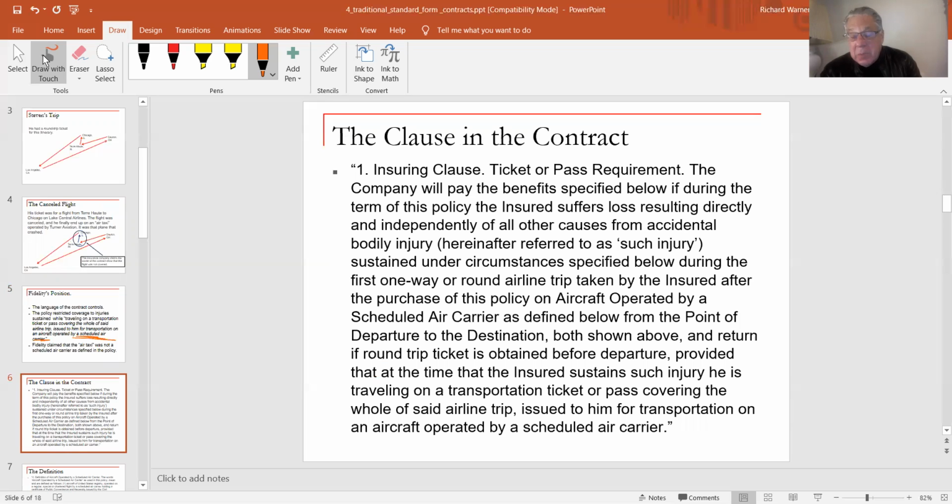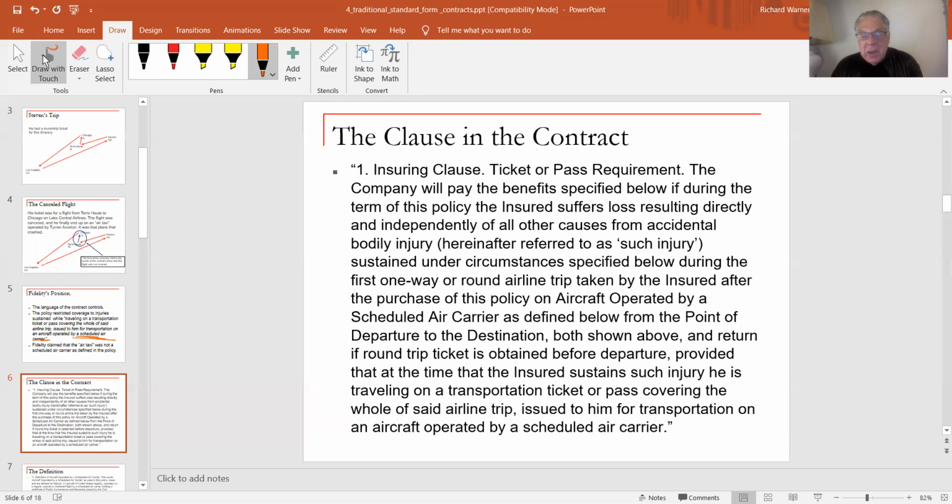Let's take a look at the policy. It's actually relevant. This is a lot to read through, but I will read through it because we need to get an understanding of the complexity of the language that is in the contract, that the insurance company says, well, gee, Mr. Stevens, here's his contract. He was on notice that we don't cover this, right?